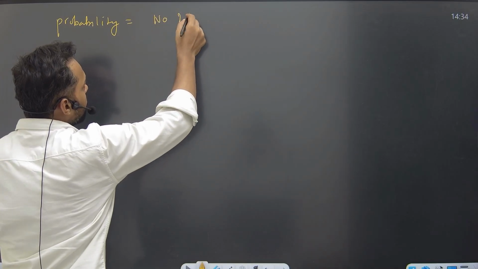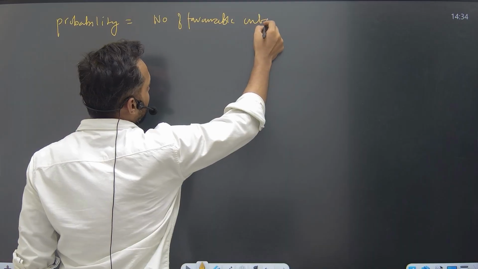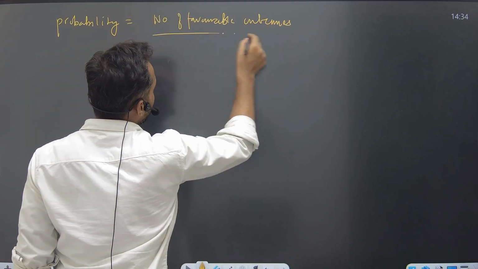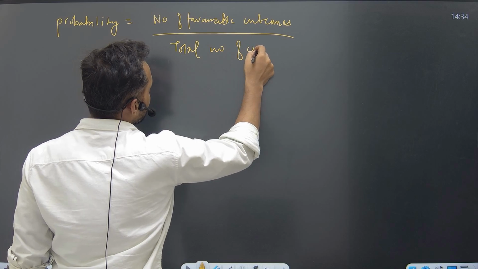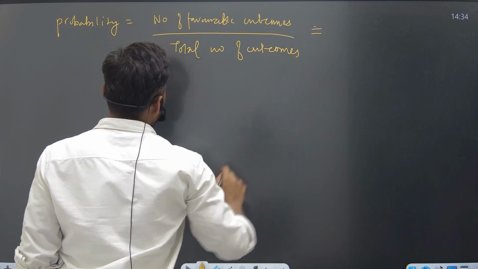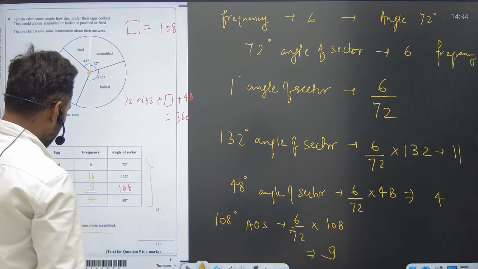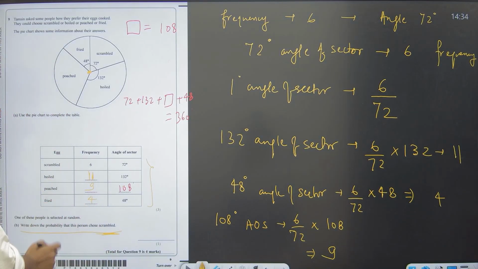Number of favorable outcomes upon total number of outcomes. So the number of favorable outcomes for scrambled eggs is the frequency, 6.